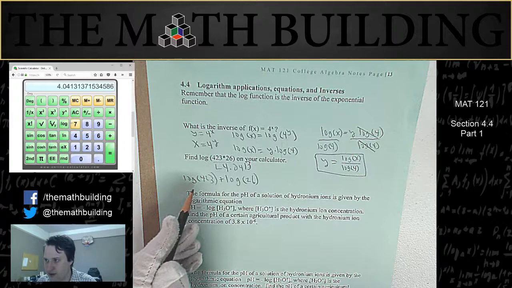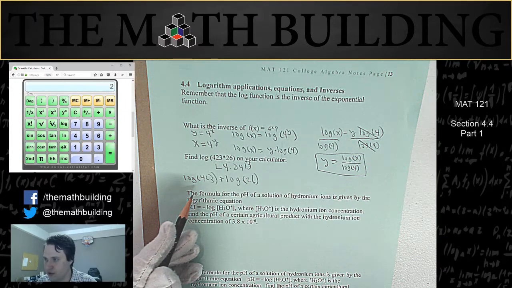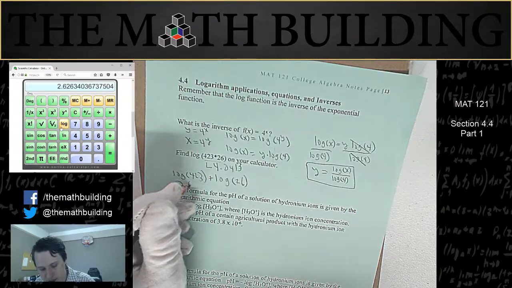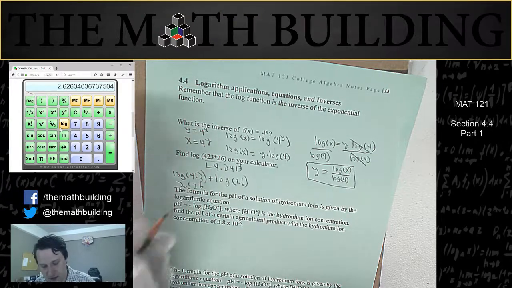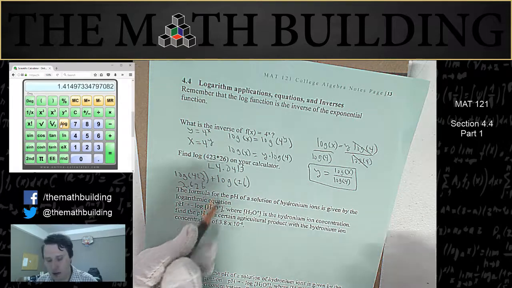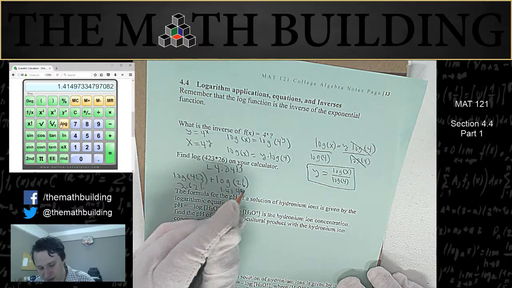Now let's do the logs of them separately. Let's do 423. Hit the log button. 2.626. And let's do 26 and the log of that. 1.41497.